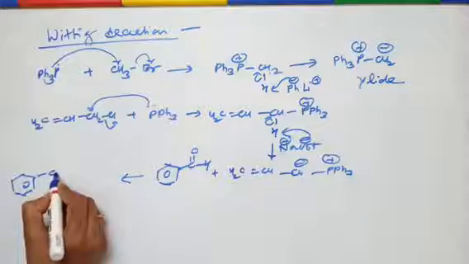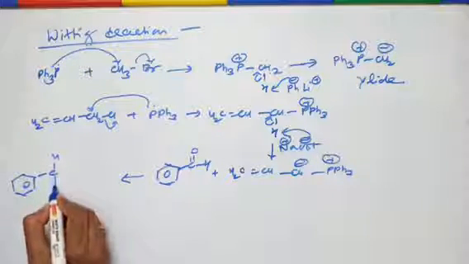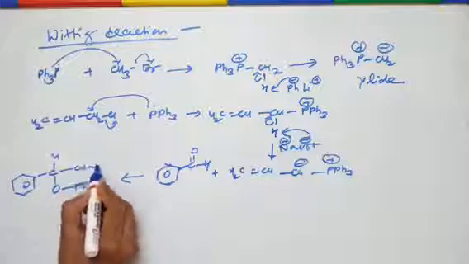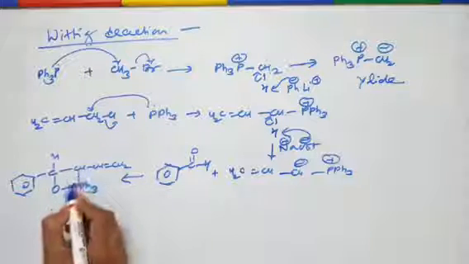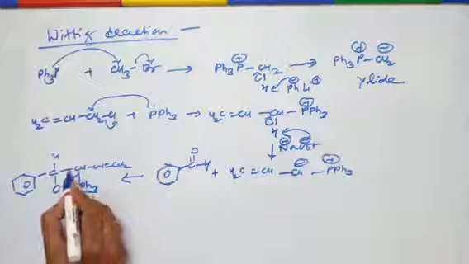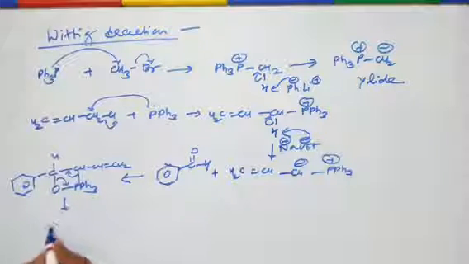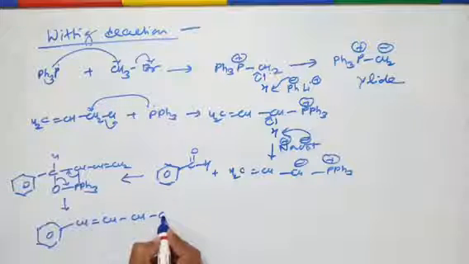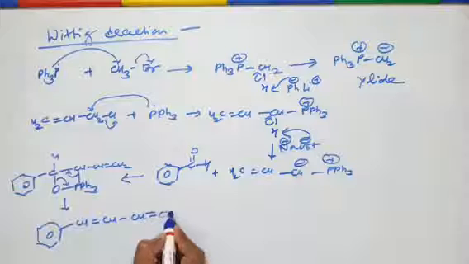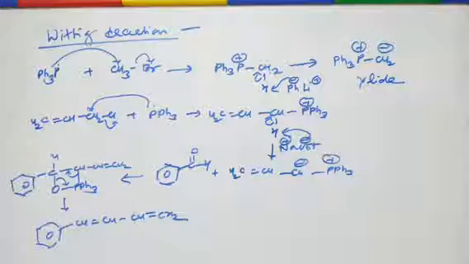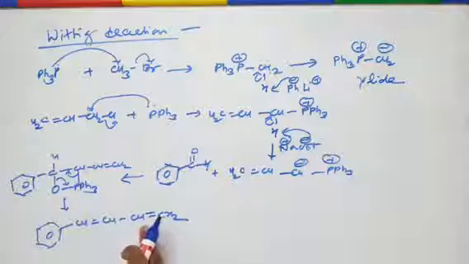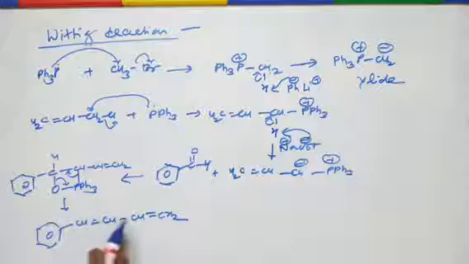Then there is a breaking of bonds to form the product, that is nothing but an alkene, PhCH double bond CH2. So the C double bond O gets converted into C double bond C, that is nothing but an alkene functional group.